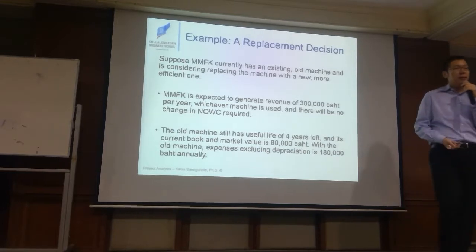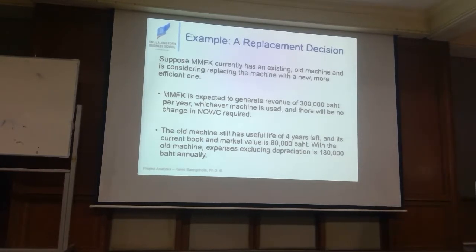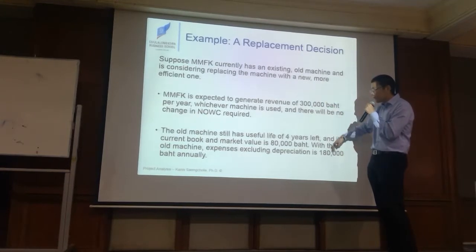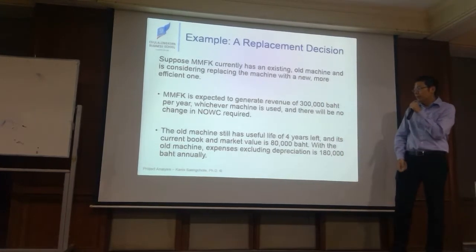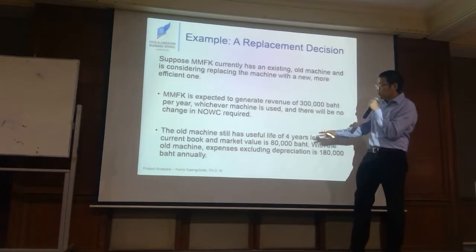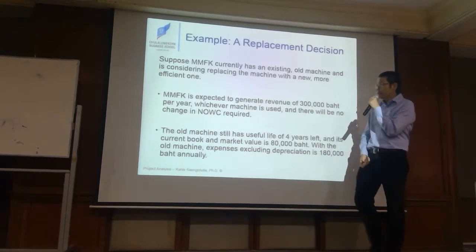Look at the balance sheet, the book value is worth 80,000, and if you want to sell it, it's also worth 80,000. With this old machine, the operating expense is pretty high, about 180,000 to produce. So the 300,000 revenue you get, the cost associated with that is going to be 180,000. The machine has a useful life of 4 years and book value of 80,000, so 20,000 depreciation per year.